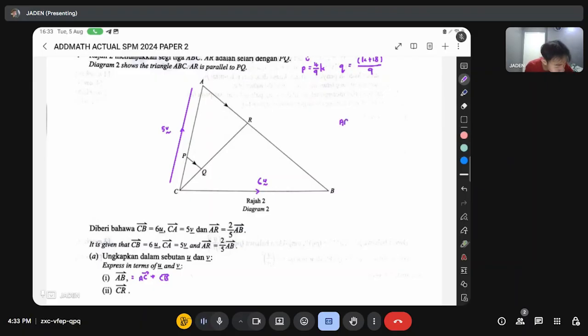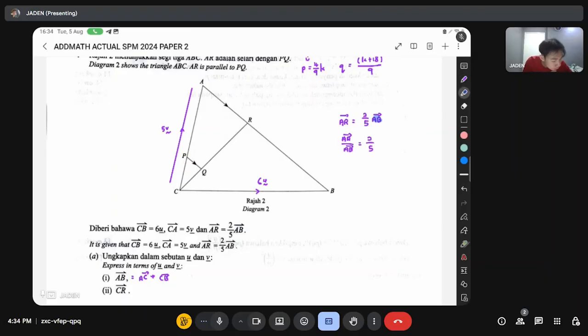So I want to share with you all how to interpret this kind of information, ratio, because most students might start at this one as well. It's pretty easy. You want to move this AB to the left, so you make it this way: AR over AB is 2 over 5.